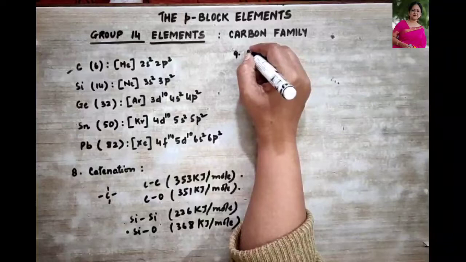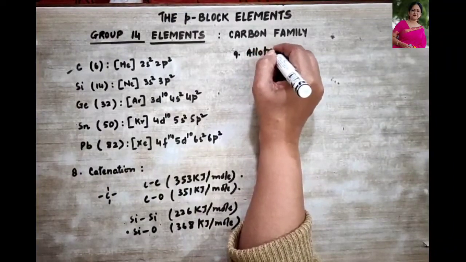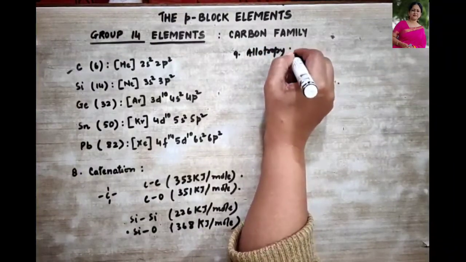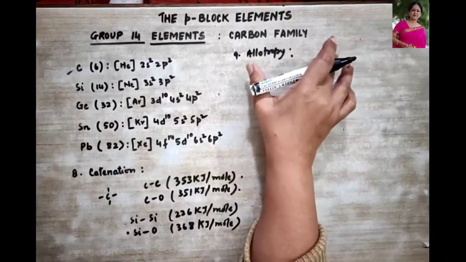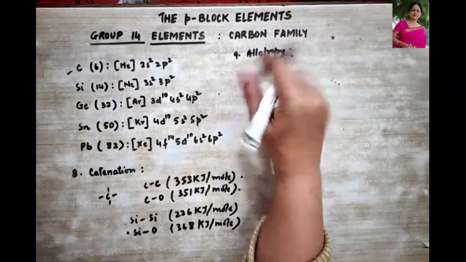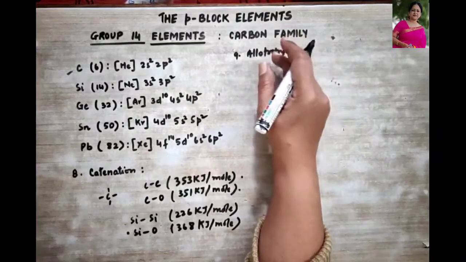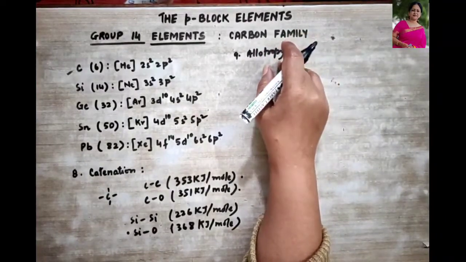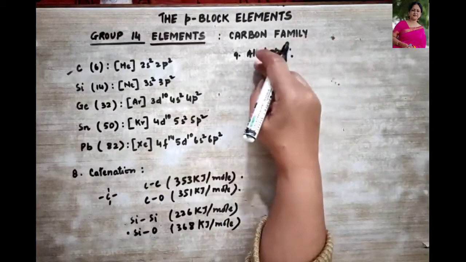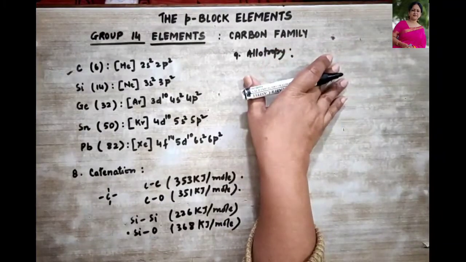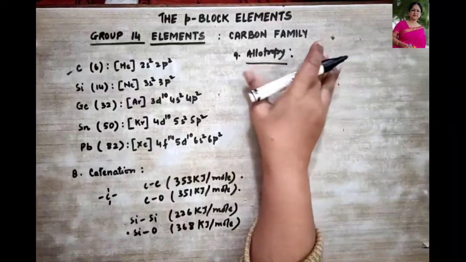Then next we are going to talk about allotropy. I hope you know what is allotropy. It is a property by virtue of which an element may exist in two or more forms which have different physical properties but almost similar chemical properties. You have already studied about this earlier. I repeat, what is allotropy?